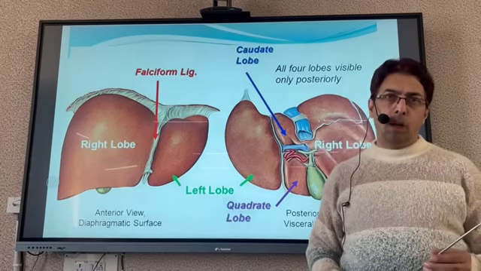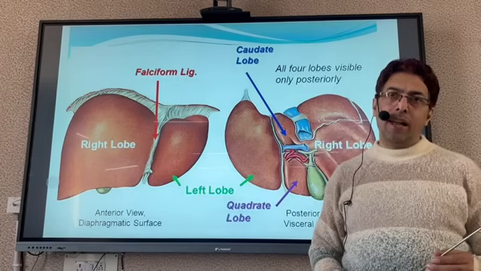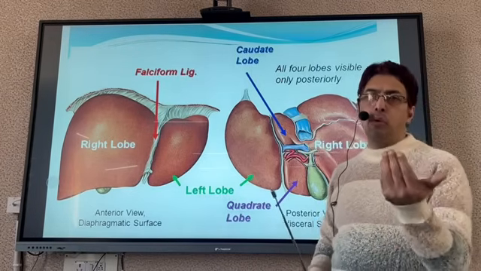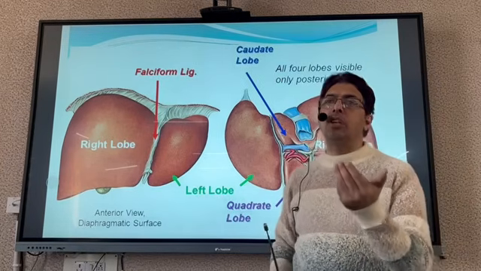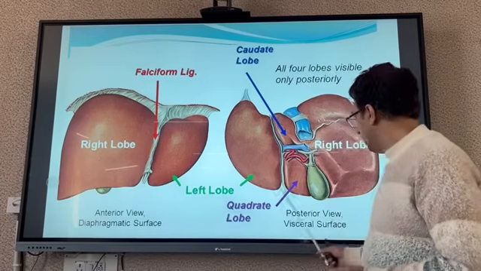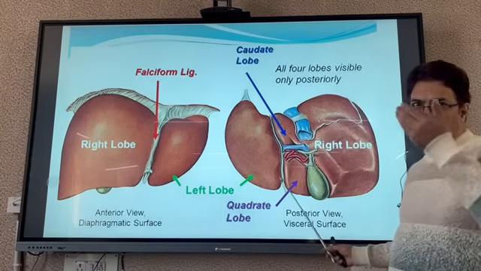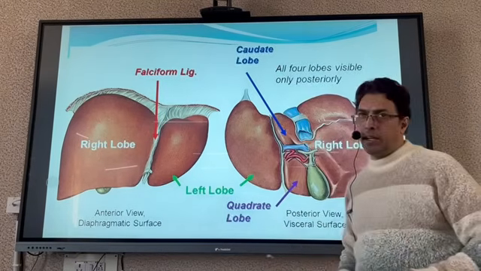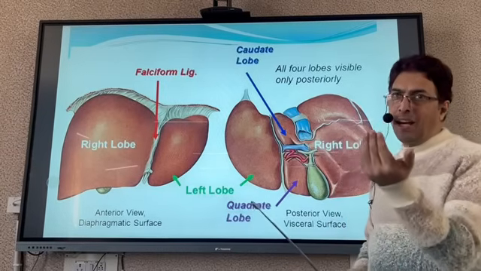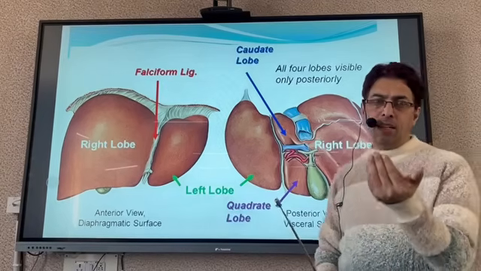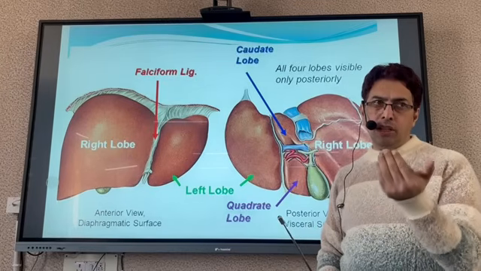And this is the gallbladder. And the gallbladder lies in the liver in a fossa, which is given the name cystic fossa. Okay, so if we just remove the gallbladder, beneath the gallbladder there will be a sort of a depression, a cavity, and that cavity is given the name cystic fossa.